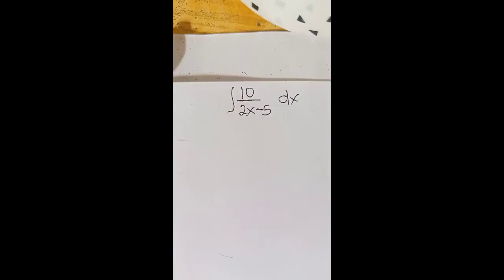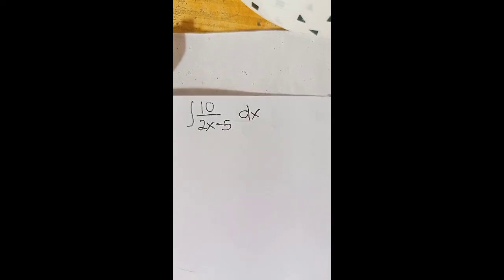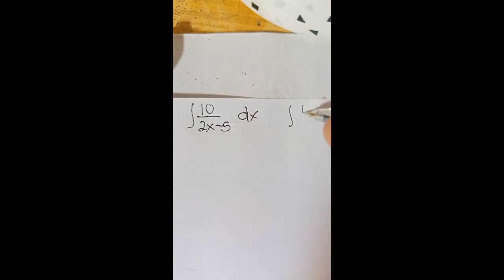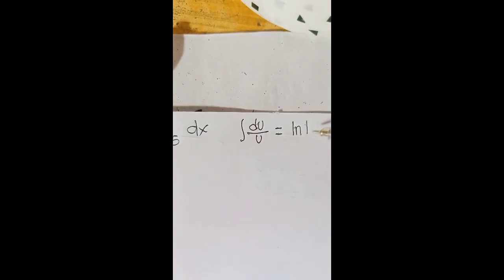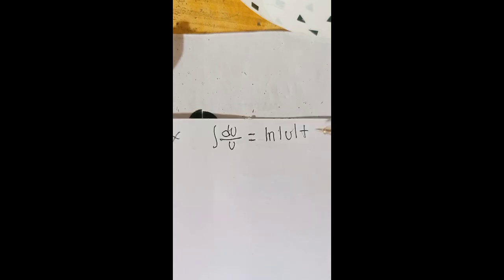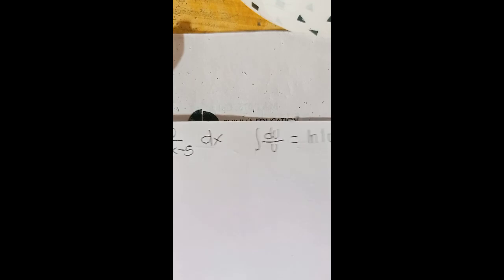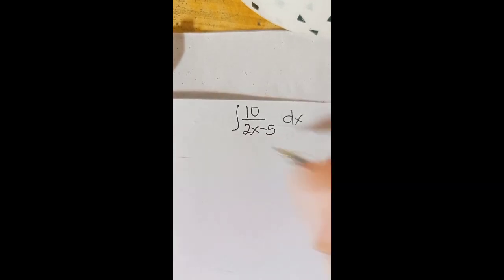Let's try to solve the second problem, the integral of 10 over 2x minus 5 dx. In this case, we know that the rule applicable to this type of function is the natural logarithm, which is the integral of du over u equals the natural logarithm of u plus the constant c. First, we need to identify our u and du.